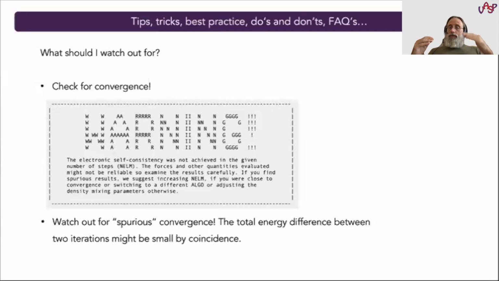If you had continued, the next change in the total energy might have been much larger. So you're still definitely not converged. This is what I call spurious convergence. So you should really watch whether the change in total energy at which it breaks off is in line with the recent history of this property.